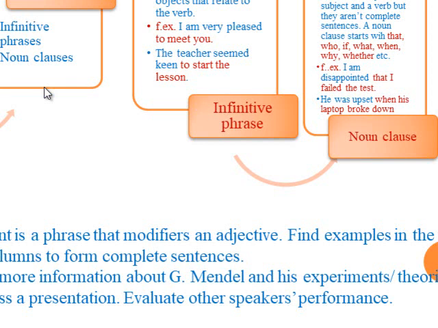You also will be able to differentiate adjective complements in the text. The learning task for you: collect more information about Gregor Mendel and his experiments, theories. Prepare and give the class a presentation.